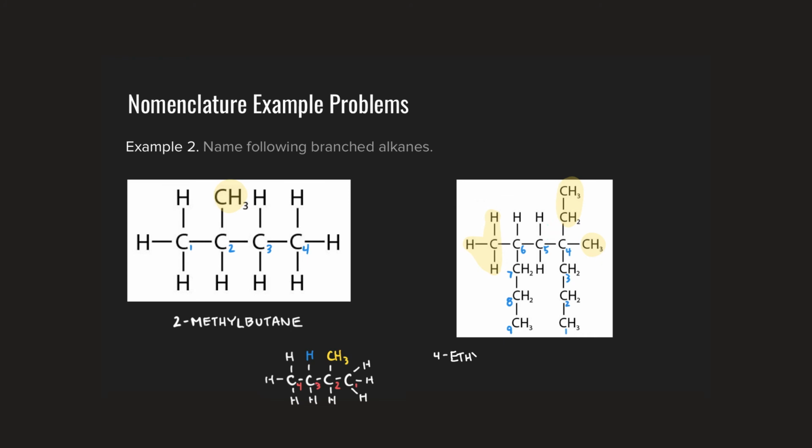And then I have 1 carbon chains both on carbon number 4 and on carbon number 6, which means I'm going to add to my name 4,6-dimethyl, and then the name of the long chain, which was nonane. So again, this thing is 4-ethyl-4,6-dimethyl nonane. And again, the ethyl here is going to come first because ethyl alphabetically comes before methyl.